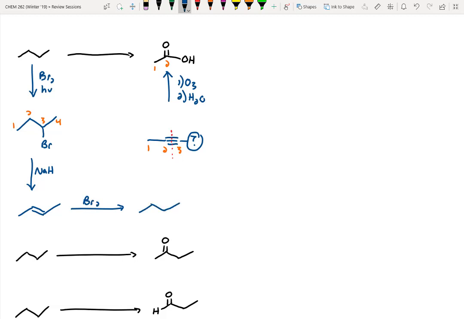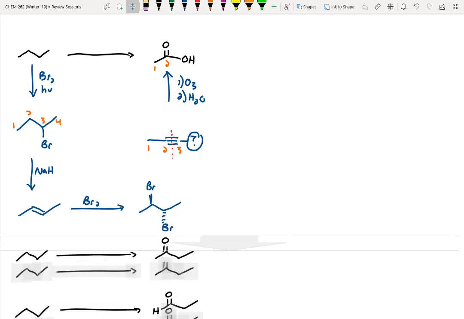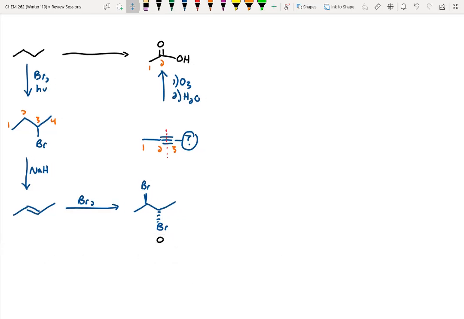Okay, if we do that, now we've got anti-addition of our bromine. We're almost there. Now we need to figure out how to go from this dihalide to our alkyne. So how can we accomplish that? Yeah, sodium amide.